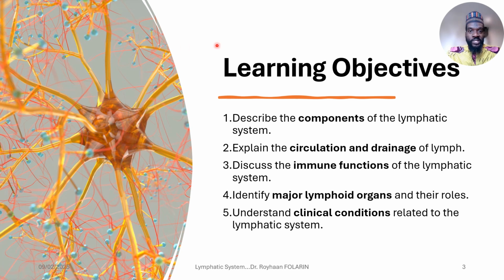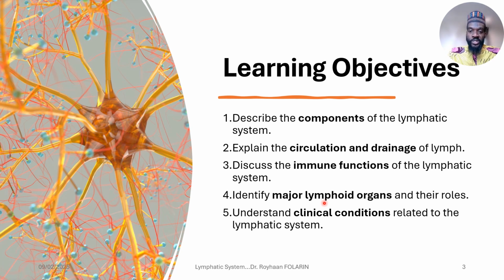Before diving into details, let's establish what we aim to achieve in this lecture. We hope that by the end of this lecture, you should be able to describe the components of the lymphatic system. You should be able to explain how the lymph is circulated and drained. You should be able to discuss the immune functions of the entire lymphatic system.